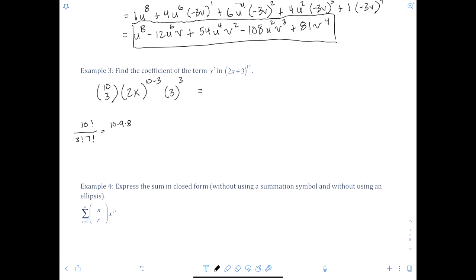The 7 factorials will cancel, over 3 times 2. 3 goes into 9 3 times, 2 goes into 8 4 times, 10 times 12 is 120. That's just a little side note. So we'll get 120, and then 2 to the 7th times, let's see, 2 to the 6th is what, 64?